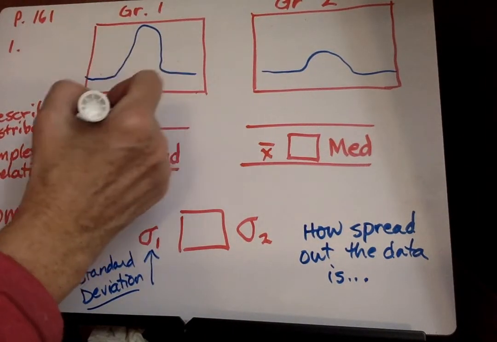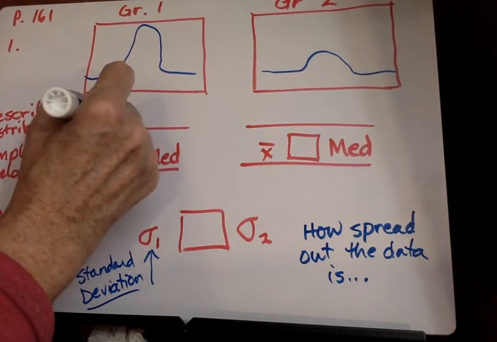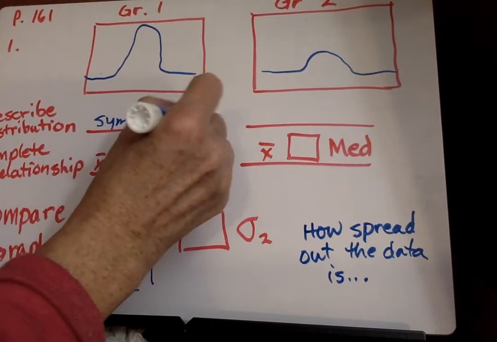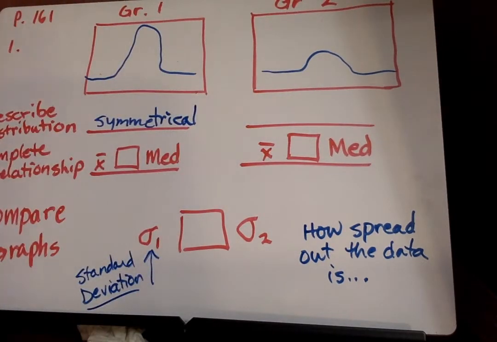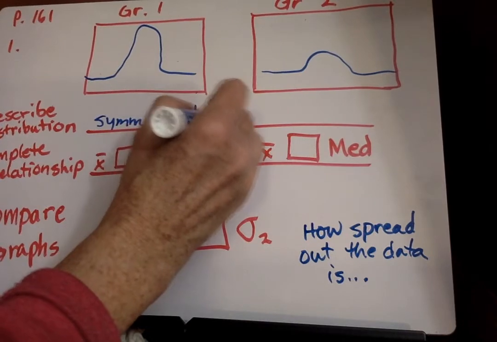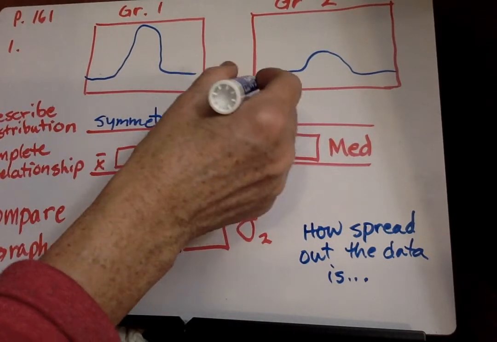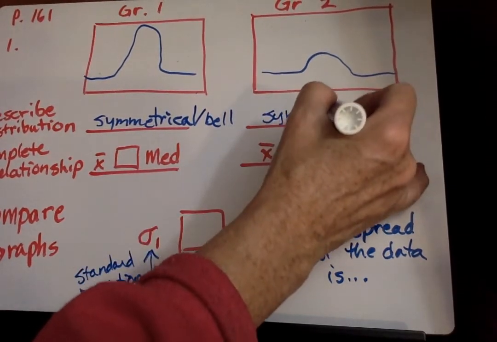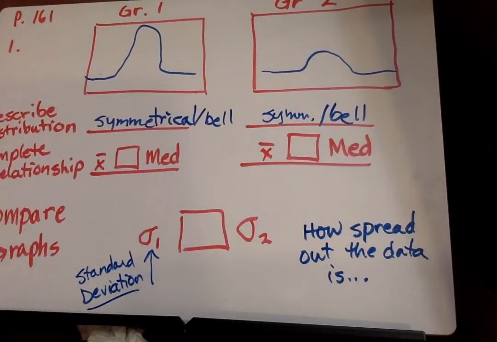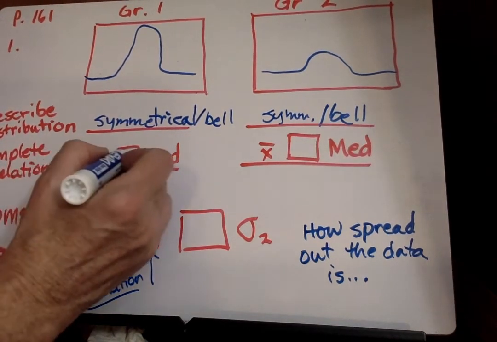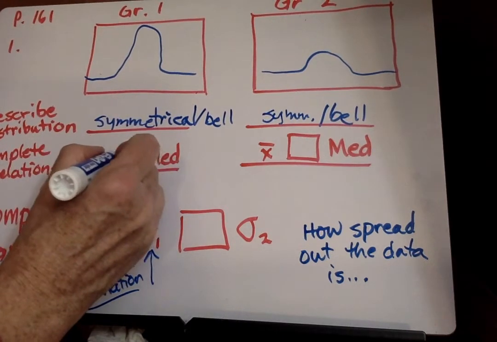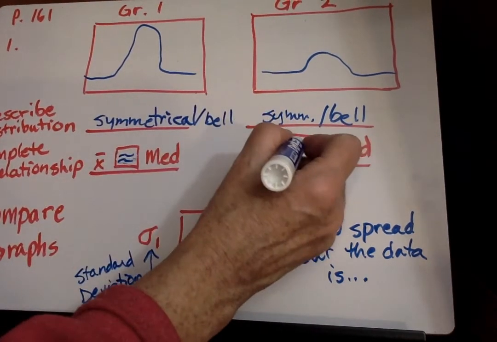That's kind of a bell, so I'm going to say it's symmetrical. And as symmetrical, I'm going to put bell. Same with this one, symmetrical and bell. Okay, so if it's bell-shaped, then usually the mean is about equal, and if you do squiggly equal signs, that's approximately equal. And the same with this one.